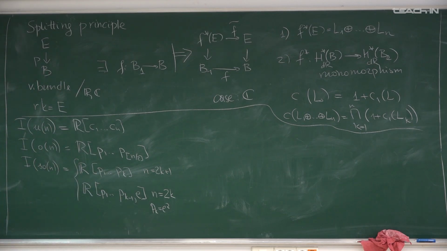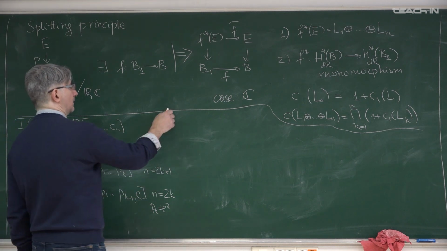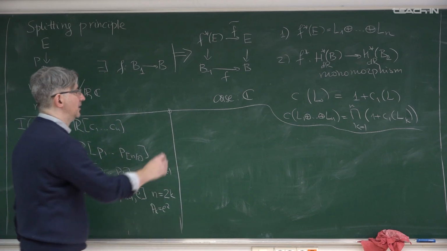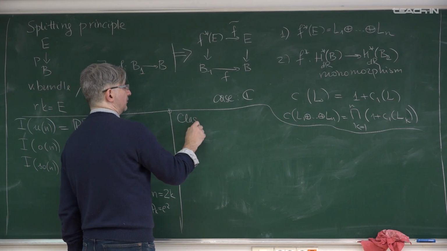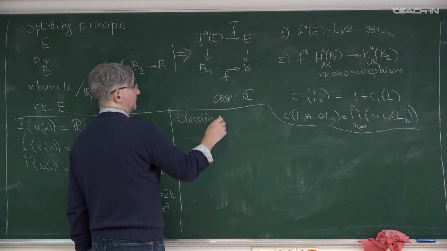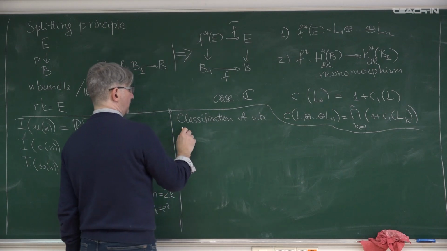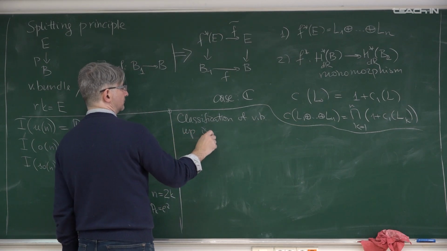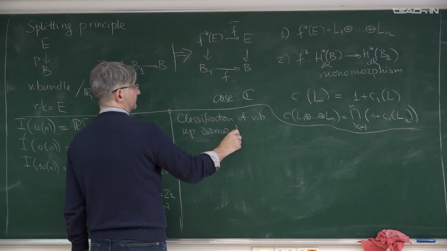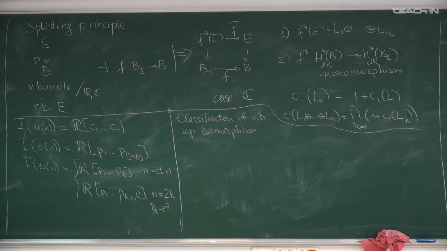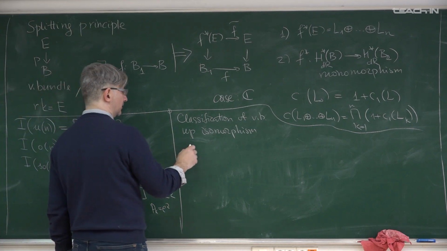Okay, there is another point of view on this thing. Classification of vector bundles up to isomorphism. There is the so-called Grassmannian.